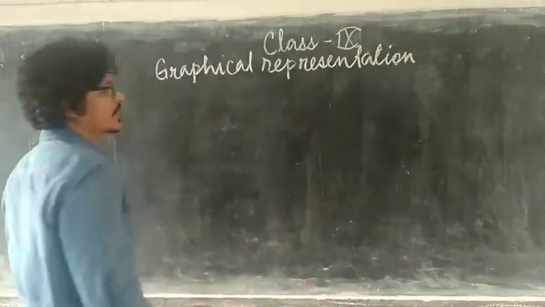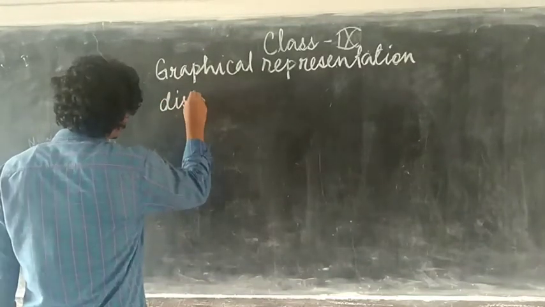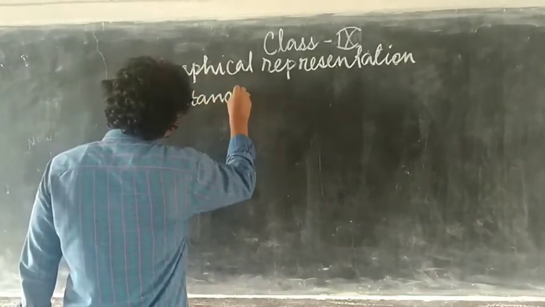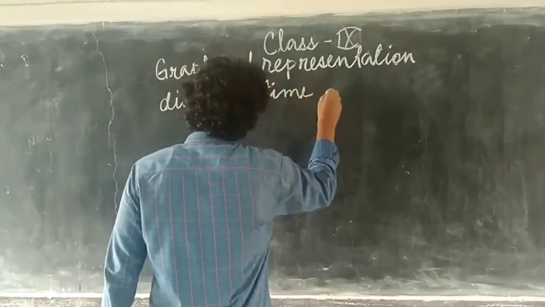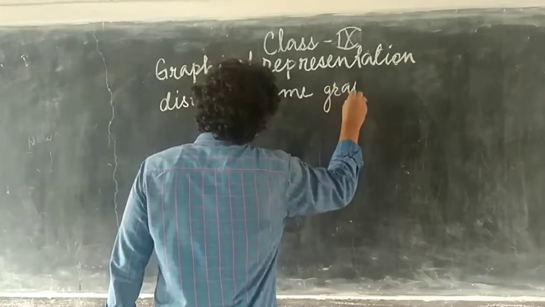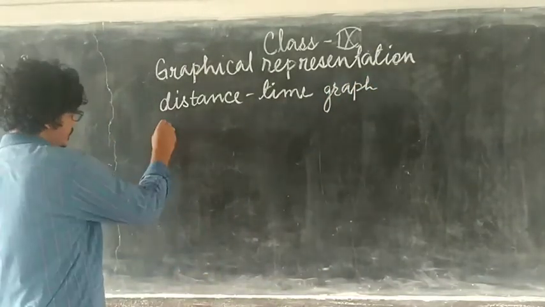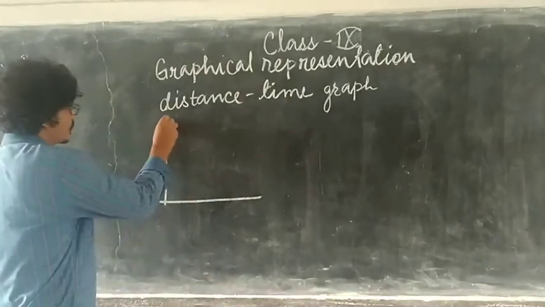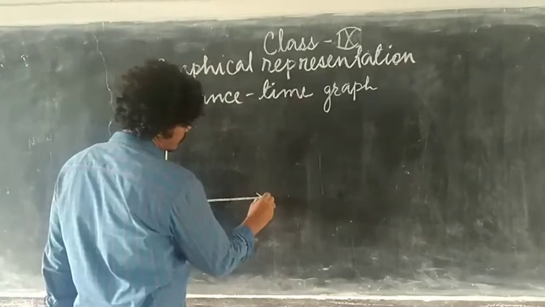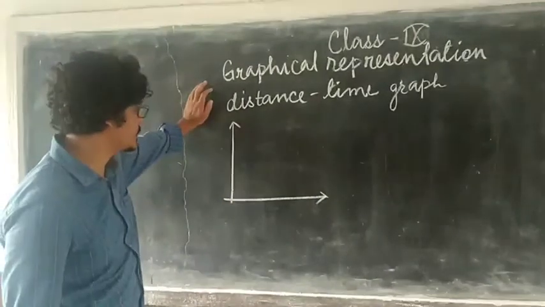So first we will take the distance time graph. In the distance time graph, all of you know the basic graph in which we generally take x-axis and y-axis.